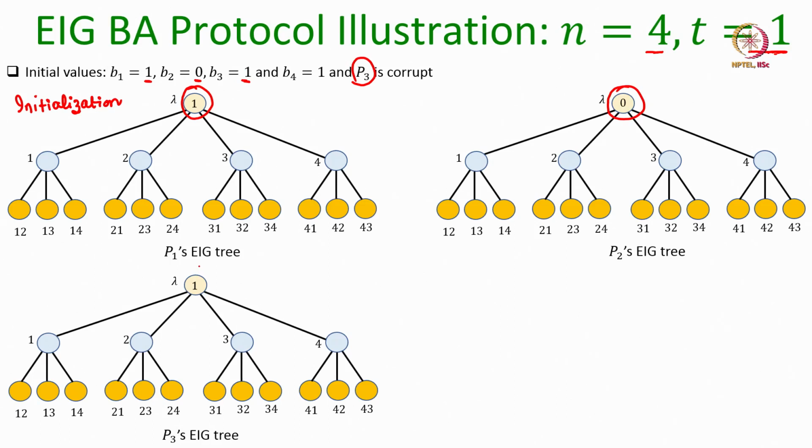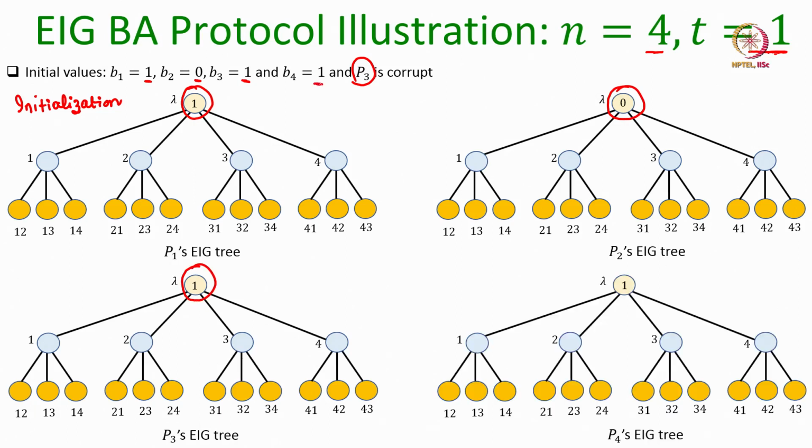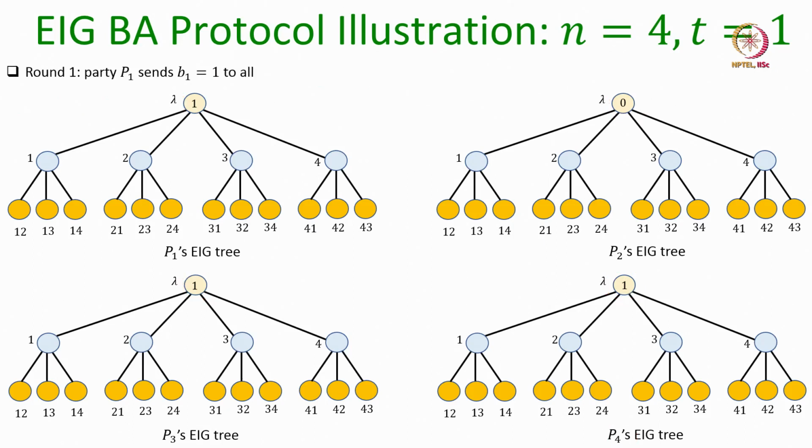So, it assigns the value 1 to the root node in its local copy of the EIG tree, and since P4's input is 1, P4 assigns the value 1 to the root node in its local copy of the EIG tree. Okay. That is the initialization process.